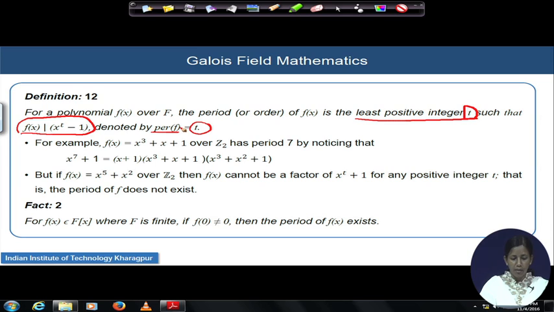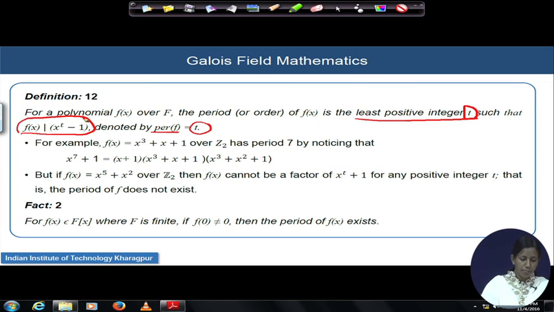What is the meaning of that? If t is a positive integer such that this polynomial divides x to the power t minus 1, then we can say that the period of that polynomial is equal to t.